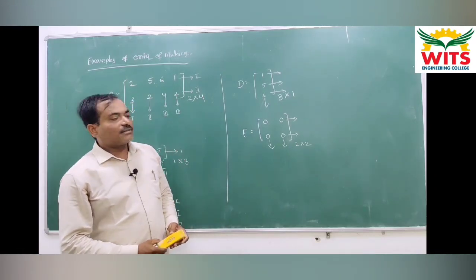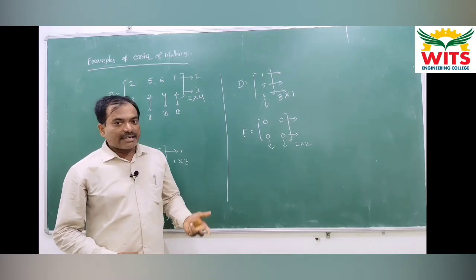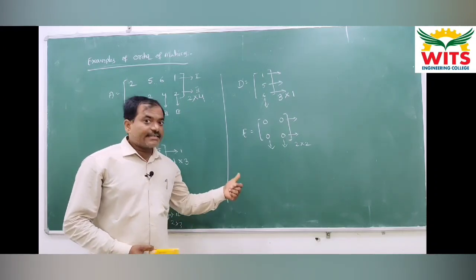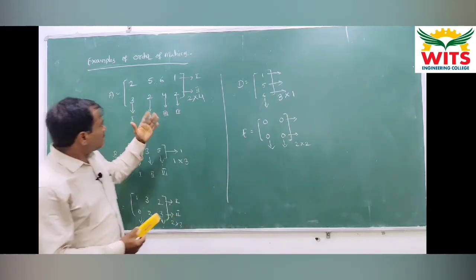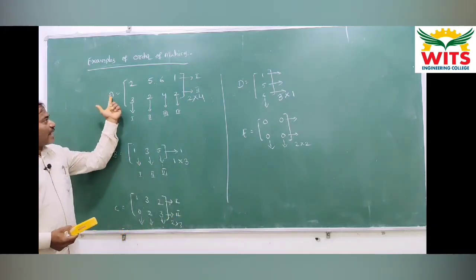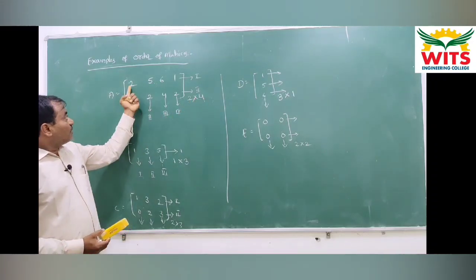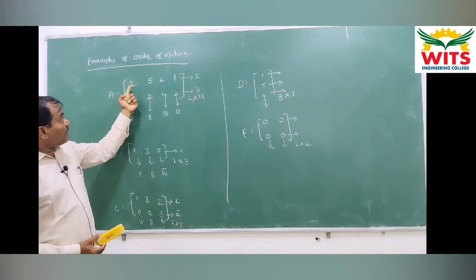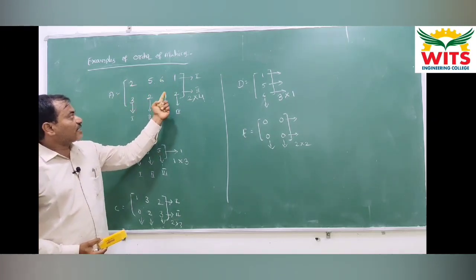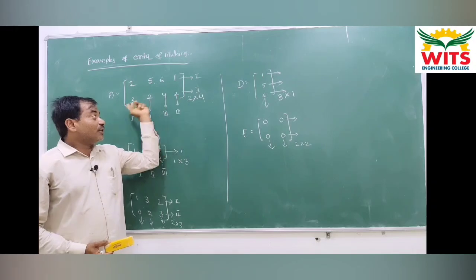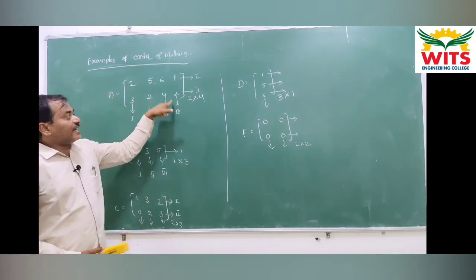Today we discussed what a matrix is, the definition of the matrix, and the order of the matrix. Now we shall discuss the number of elements in the given matrix. First example: this matrix order is 2 cross 4 and the matrix has 1, 2, 3, 4, 5, 6, 7, 8 elements. So matrix A has 8 elements.